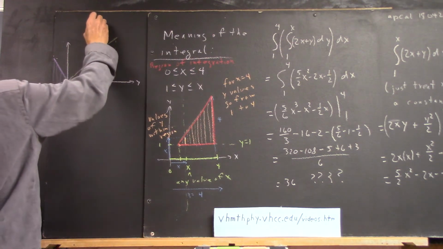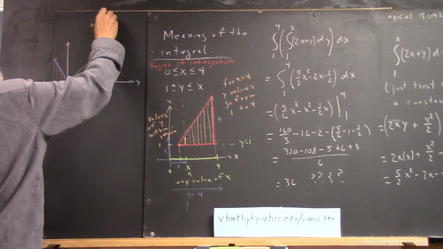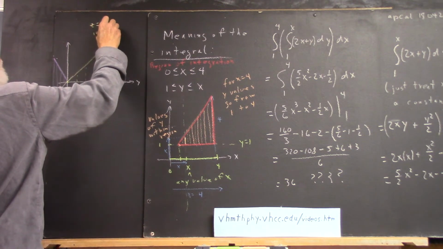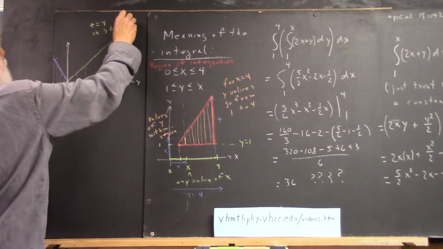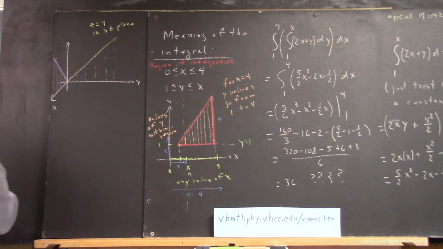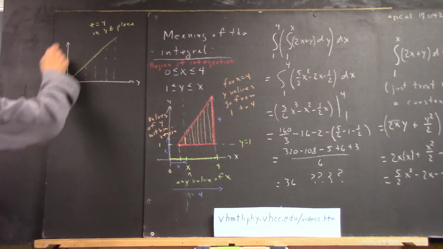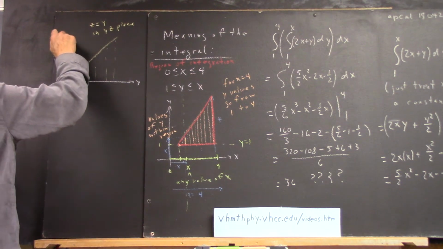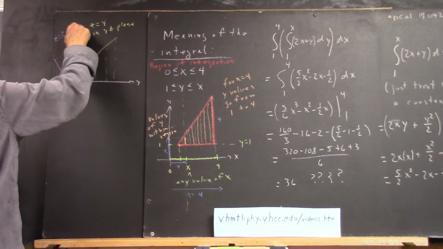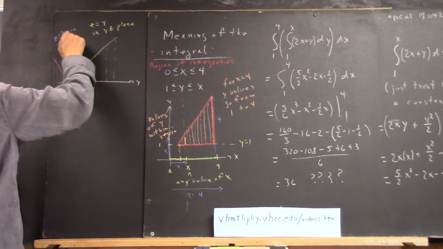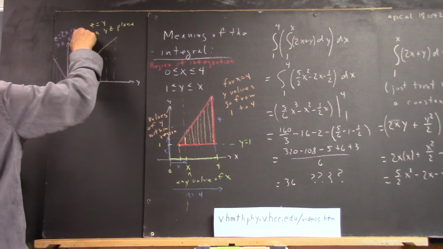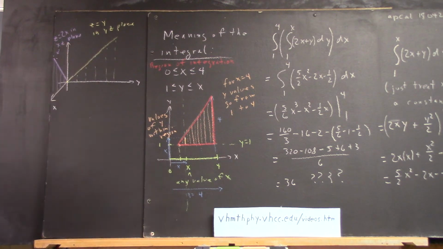So this is z equals y in the yz plane, and z equals 2x in the xz plane. Okay?